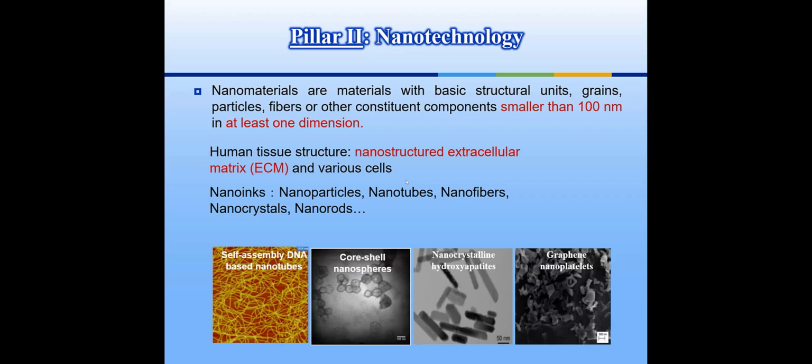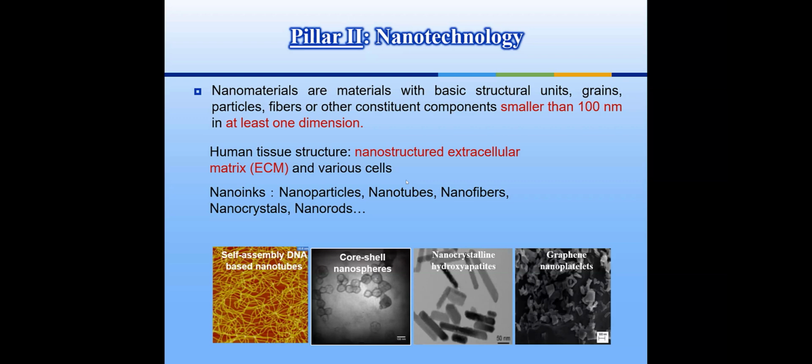So that's the reason we are thinking we may synthesize some nanomaterials as the ink, like using nanoparticles, nanotubes, self-assembling DNA-based nanotubes, and also fabricating core-shell nanospheres that can load drugs into the center part. And nanocrystalline hydroxyapatite, normally for bone, like hard tissue regeneration, because it's the bone mineral.